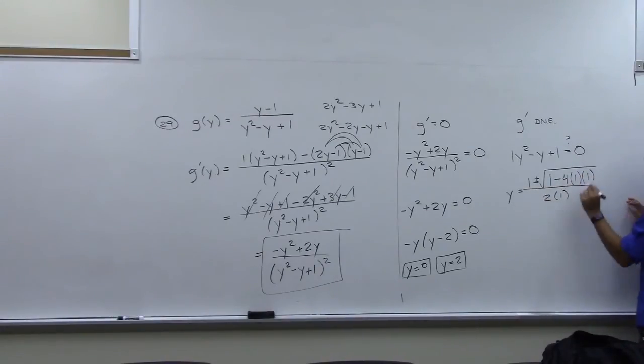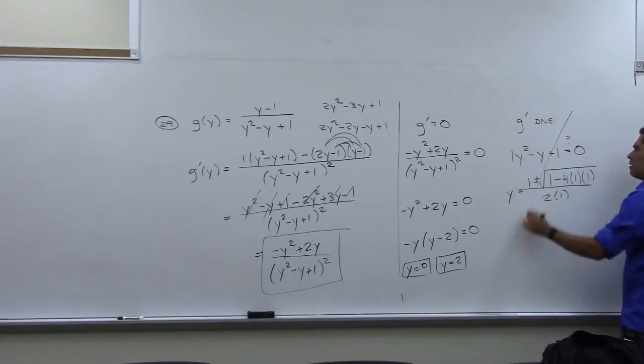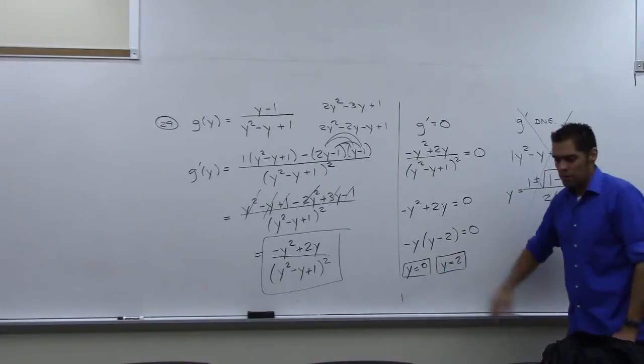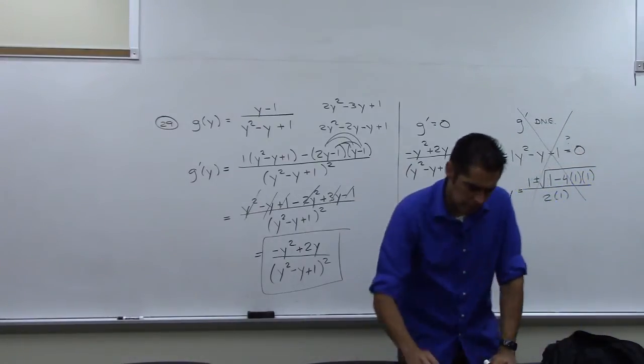And then inside here, you're going to see you have a problem. 4 times 1 is going to be 4. 1 minus 4 is negative 3. It's a negative under the root. This equation does not have a real solution, so that means you're never going to have the derivative being undefined. Therefore, those are your only two critical numbers.